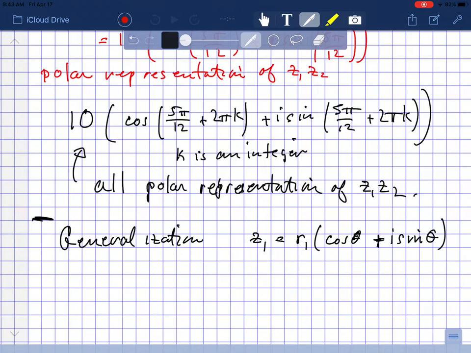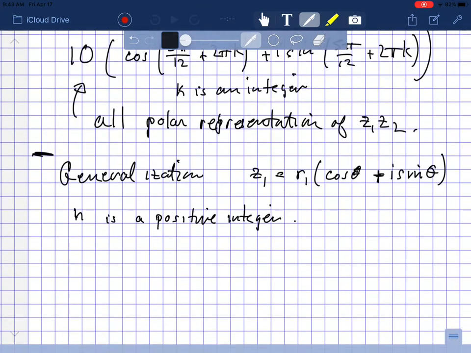Okay, and what I want to do is I'm going to let n be a positive integer.